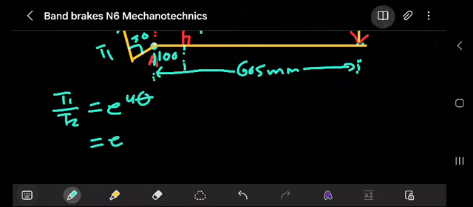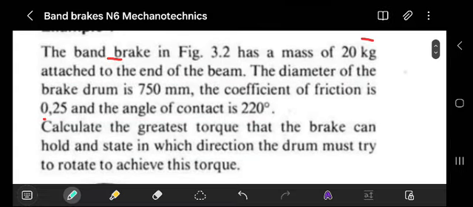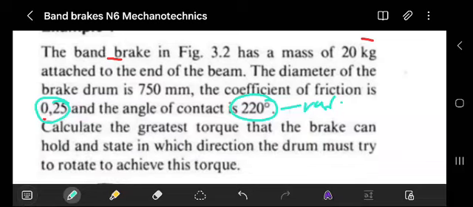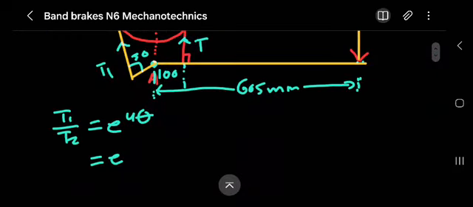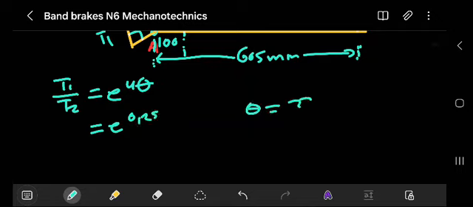What is our coefficient of friction from the equation here? 0.25. The contact angle is 220, but remember we use this in radians. So this is 0.25 times 220 degrees divided by 57.3.